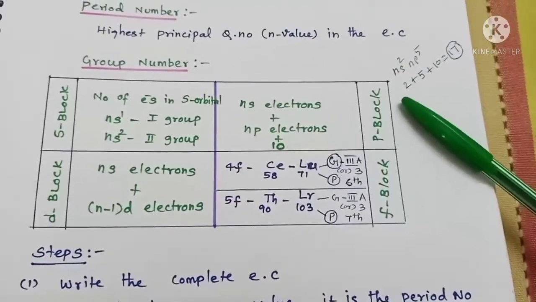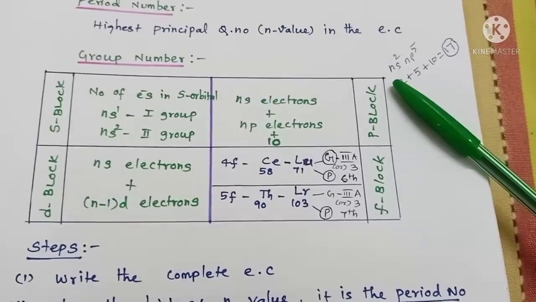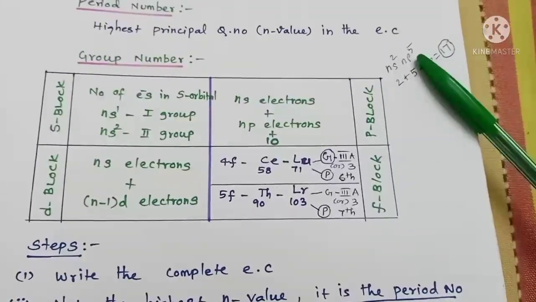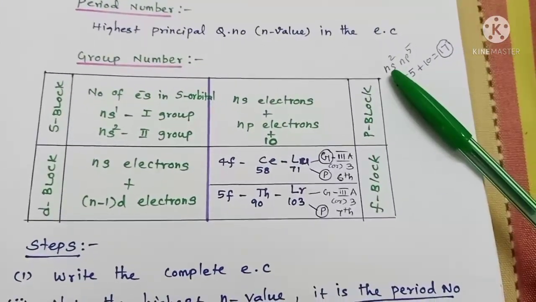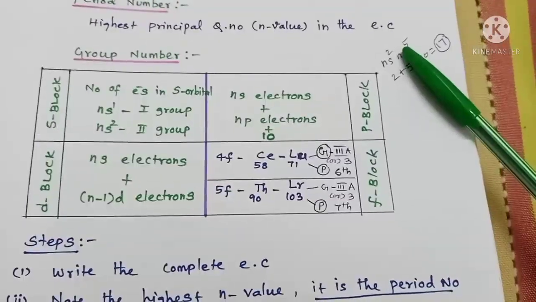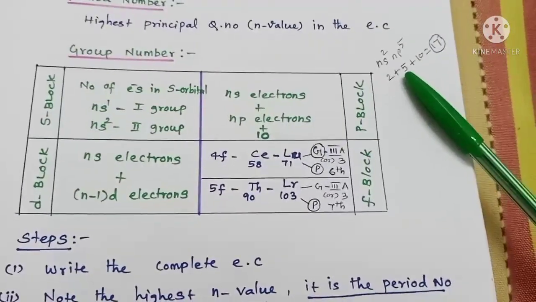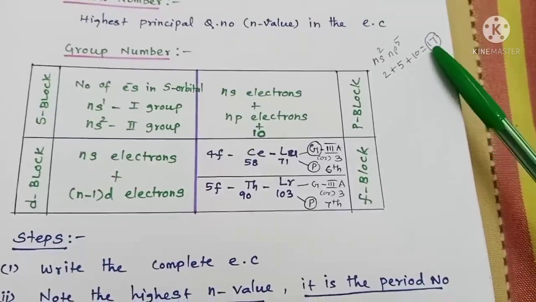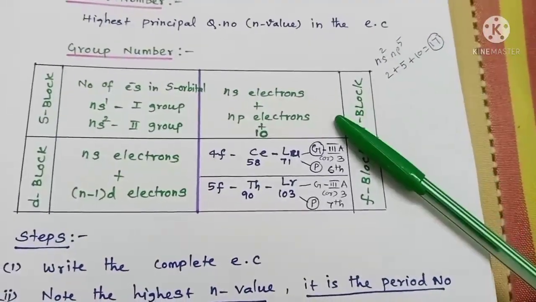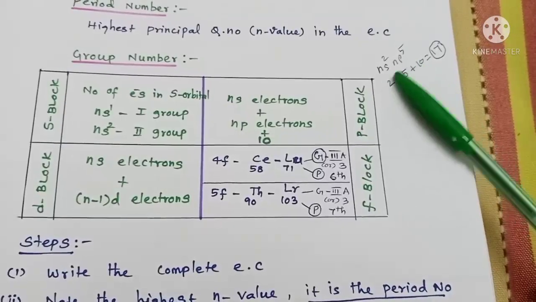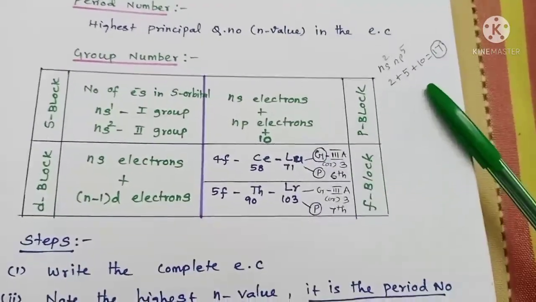For example, an element has valence electron configuration ns2 np5. The number of electrons in the s orbital is 2, the number of electrons in the p orbital is 5. So I am adding 2 with 5 plus 10, so I am getting 17. Which means the element with this valence electron configuration belongs to group number 17.